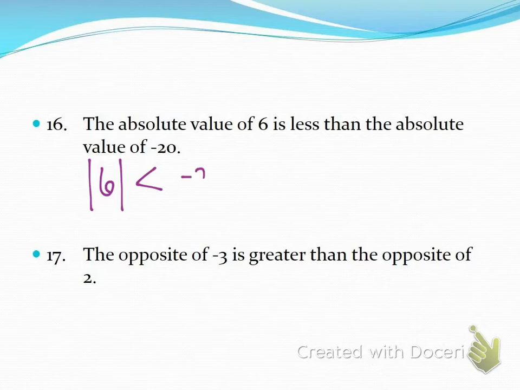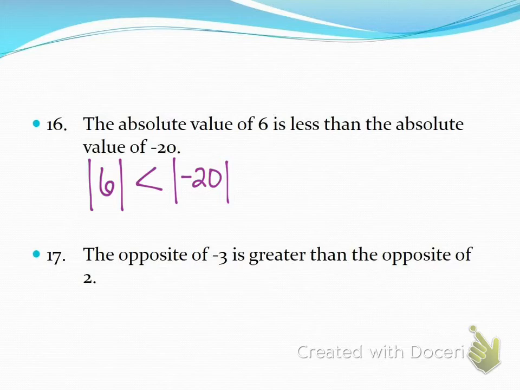So again, we have a negative 20 and we put those bars around it for absolute value. And this is a true statement because if we evaluate the absolute values, 6 is less than 20. You don't have to do that, but it is a true statement.